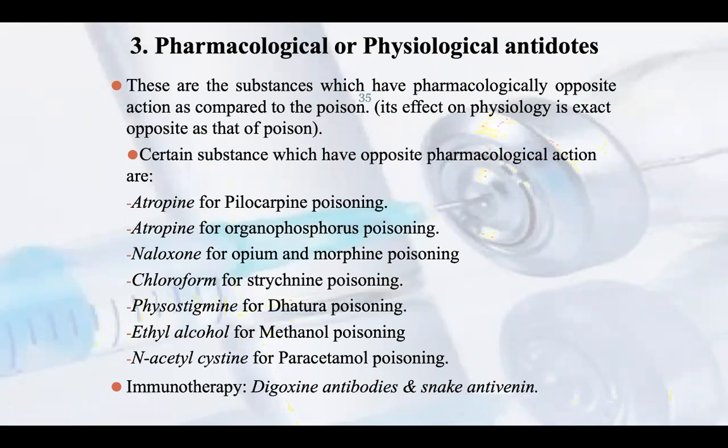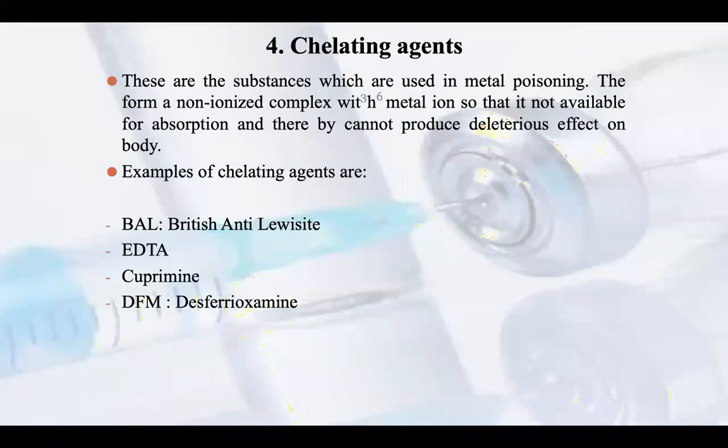Immunotherapy, digoxin antibodies, and snake antivenom are also used. Fourth is chelating agents. These are substances which are used in metal poisoning.